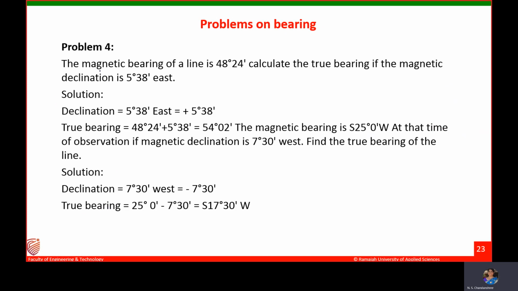Now let us solve one problem and understand. The problem says the magnetic bearing of a line is 48 degrees 24 minutes. Calculate the true bearing if the magnetic declination is 5 degrees 38 minutes east.